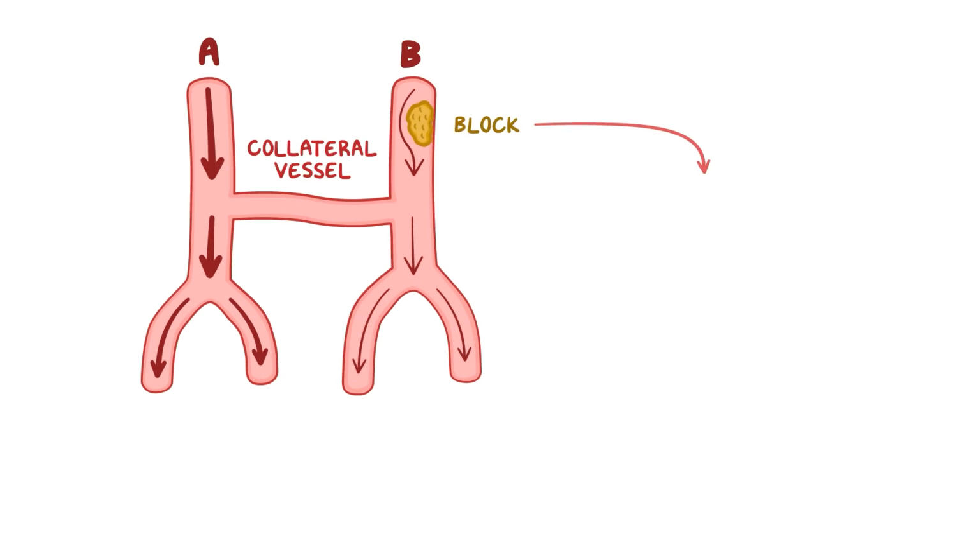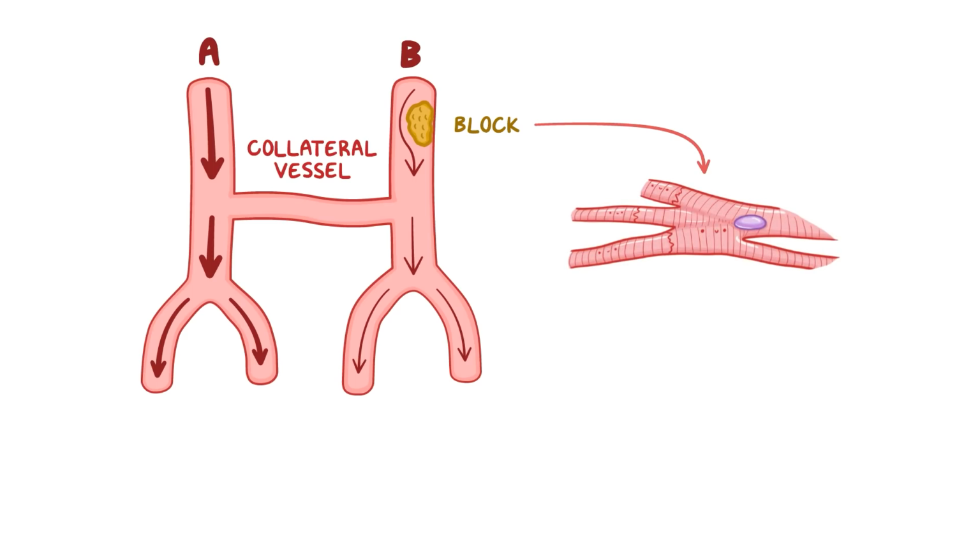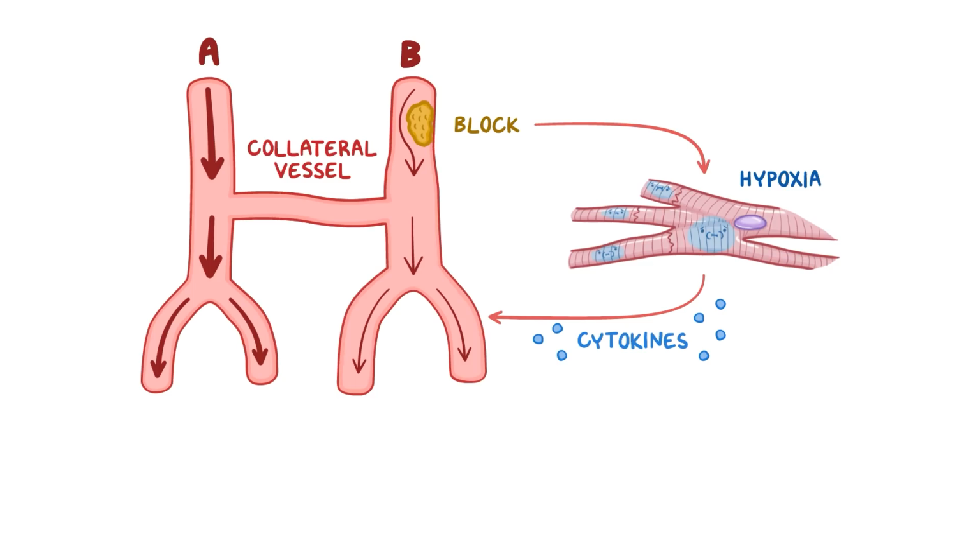As a result of ischemia in the myocardium supplied by coronary artery B, the myocardial cells don't receive enough oxygen, which is called hypoxia. In response to hypoxia, myocardial cells release signaling molecules called cytokines, which cause dilation of the segment of coronary artery B beyond the blockage. This slightly improves the blood flow and ameliorates hypoxia.